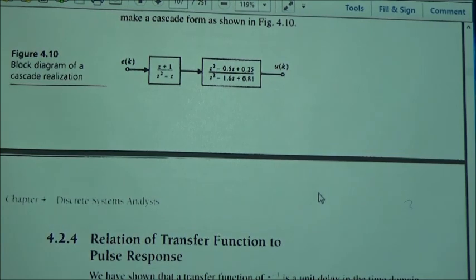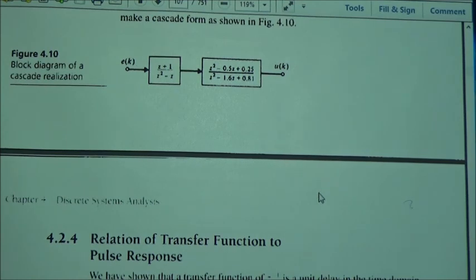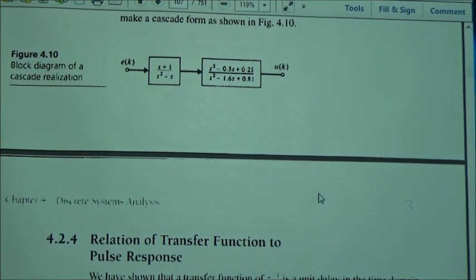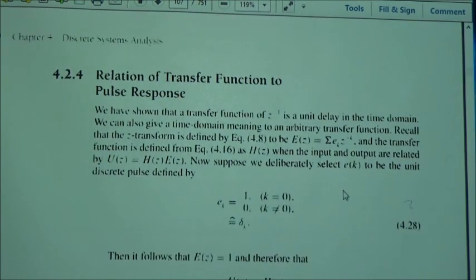Now, you also have to remember that the description of your state variables is not unique, which means you could have many different formulations of the state equation model for the system.